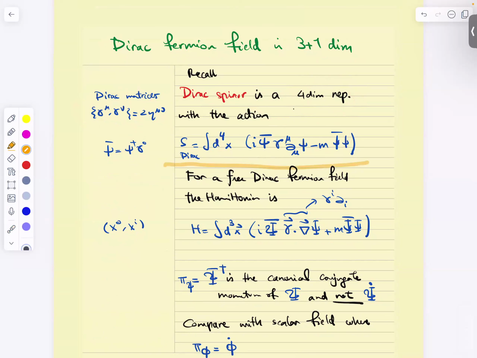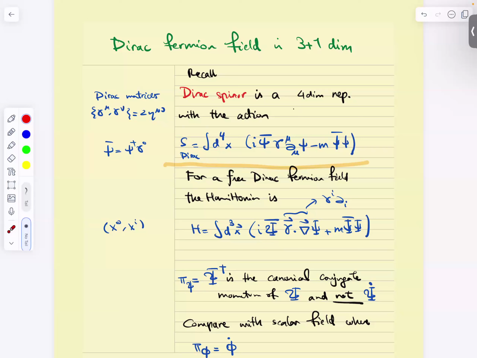Now, first, I want to say something about the Dirac field that's different from a scalar field. I don't have time to get more into depth at this point, but you will see the consequences of this in the path integral approach. I'm just going to make a quick comment and move on.